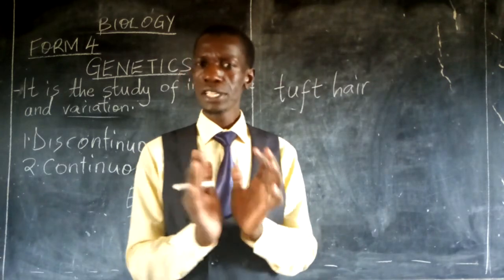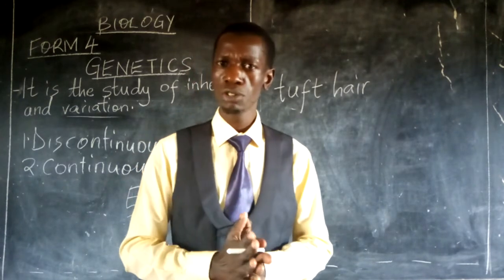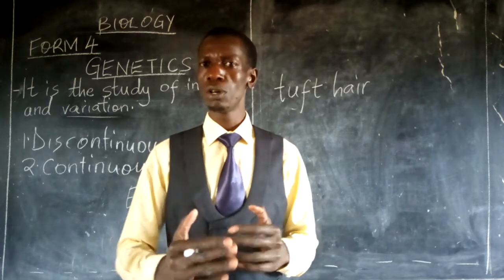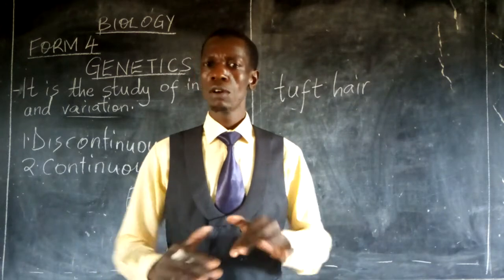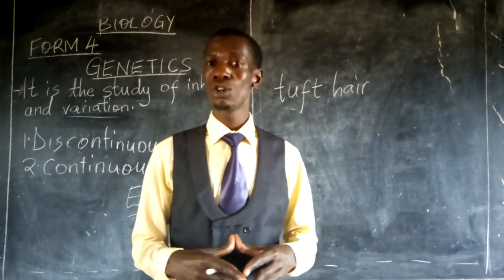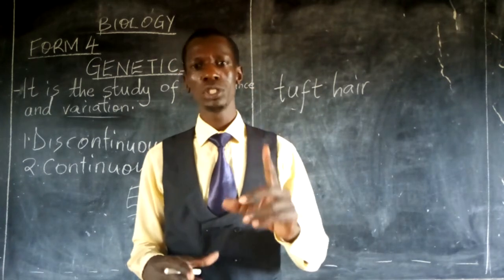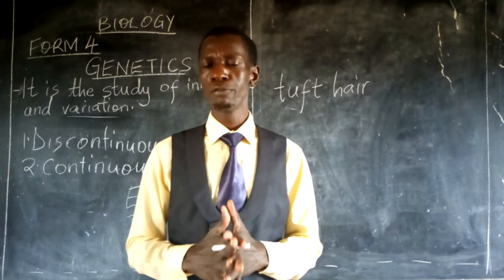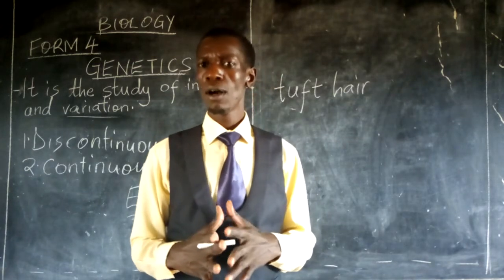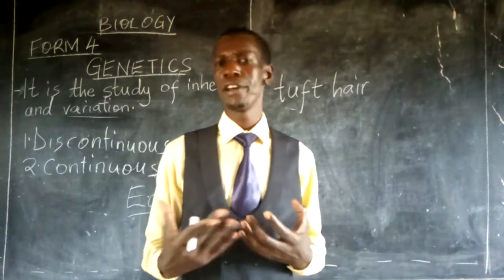Remember, the reason as to why discontinuous variation only has a clear-cut difference between individuals for the same characteristic is that these characteristics are controlled by a single gene or 2 specific genes, and therefore these characteristics are not significantly affected by the environment.